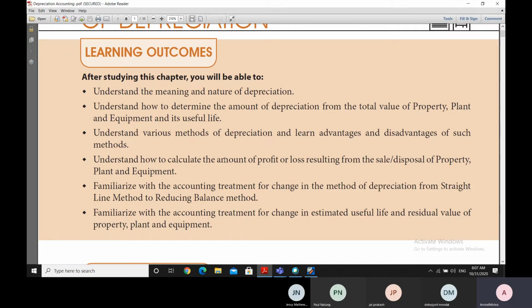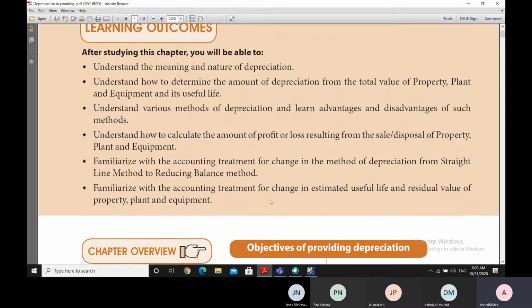And of course, we'll also familiarize ourselves with how to do the accounting for a change in the estimated useful life of the property, plant, or equipment, and any change in the residual value. So if there is a change in residual value or the estimated useful life of any property, plant, and equipment, what is the accounting treatment that is to be done in respect of that change?